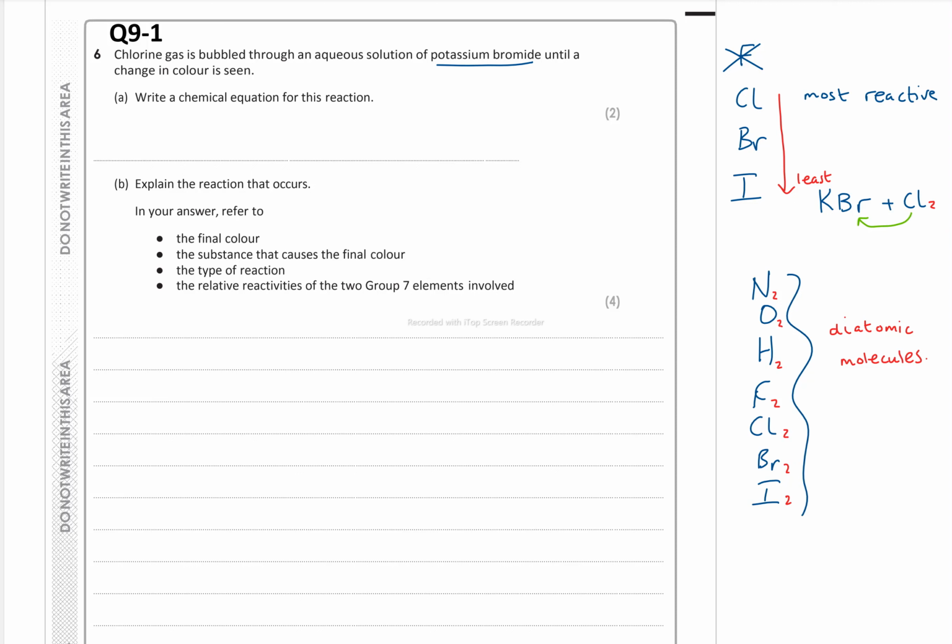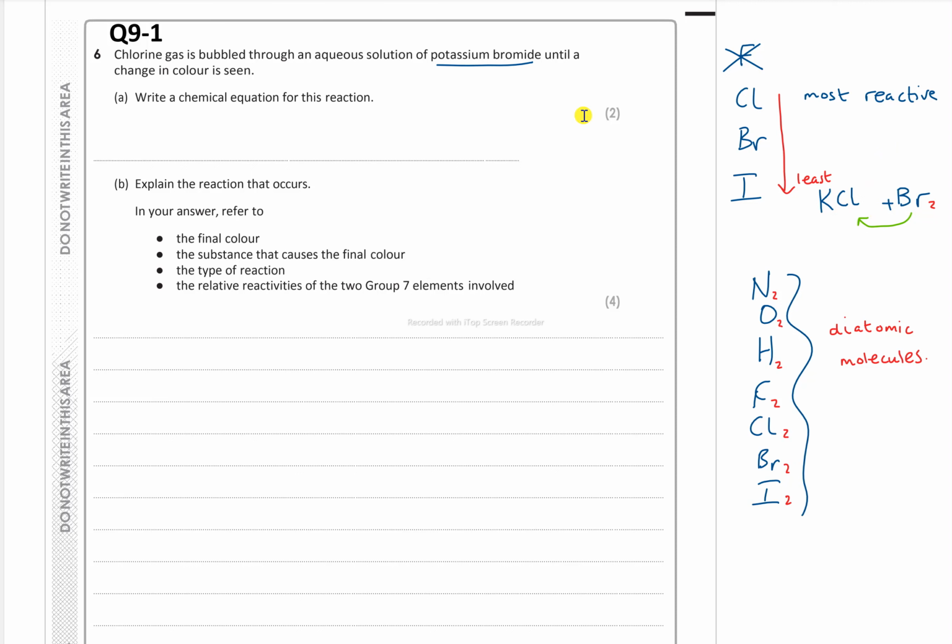So that's going to get moved. And chlorine's going to go there. And then bromine's going to work its way there. All I'm showing you is that because chlorine's stronger, more reactive than bromine, they swap places. It displaces it.